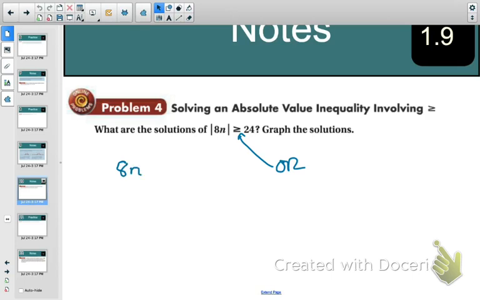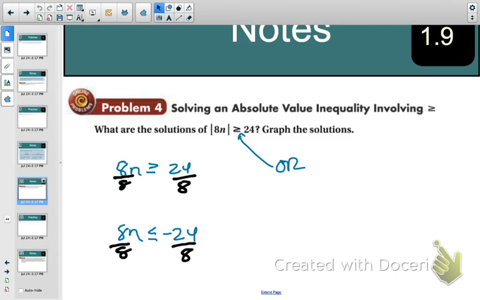So I'm going to say 8n, the first one stays the same, is greater than or equal to 24. Then I have to switch it, so the next one's going to be 8n, and I'm going to switch it to negative 24, but when I switch it to negative, just like when you divide by a negative, you have to flip the sign. So it's going to flip to a less than or equal to. And then just solve this by simply dividing by 8.